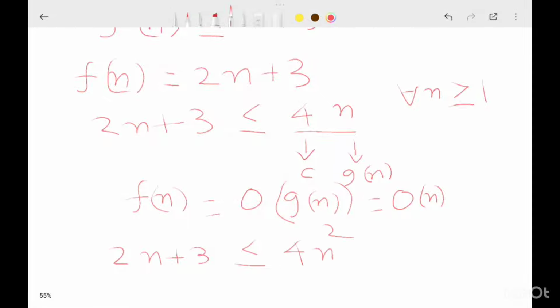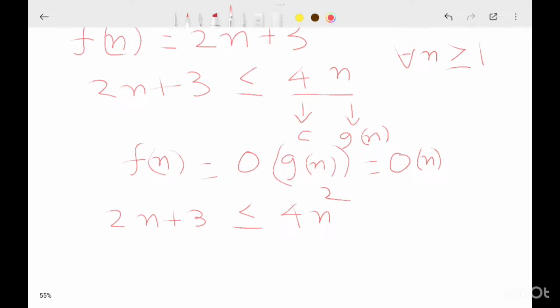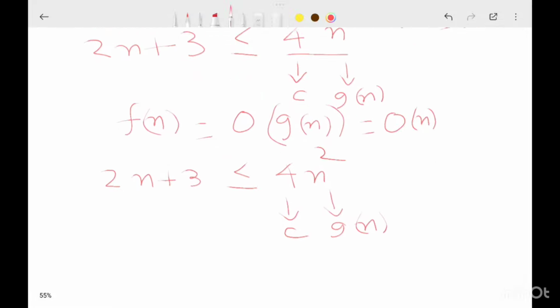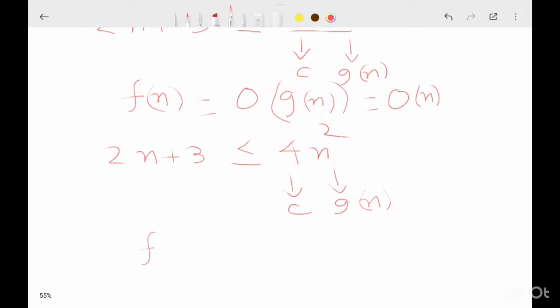This is also true. So we can take c as 4 and g of n equal to n squared. So this f of n can also be represented as big O of n squared. This is also true. So the upper bound, the maximum time it can take, is n, or it can also take n squared.